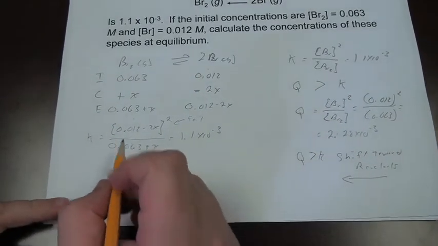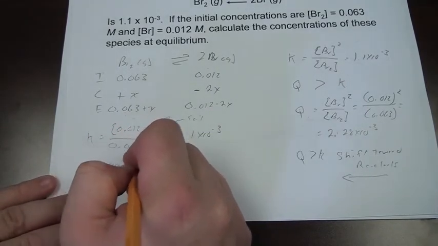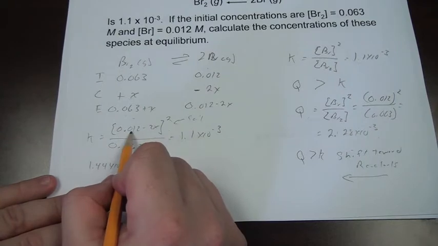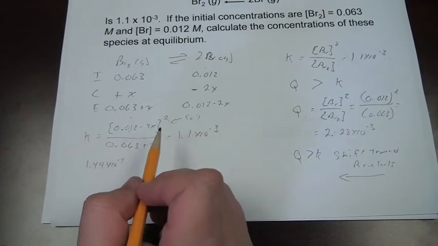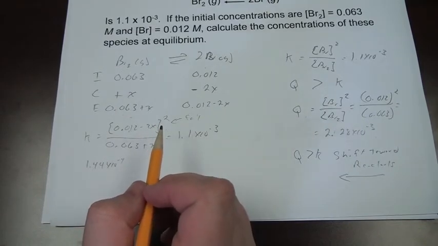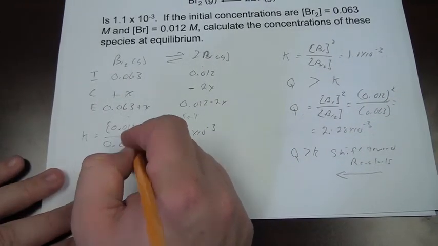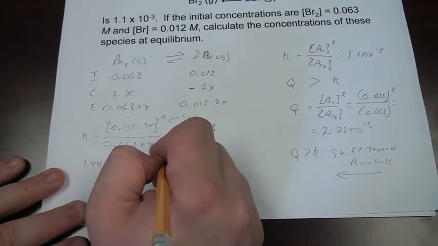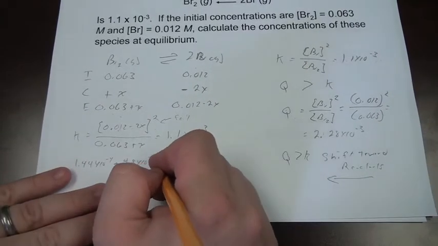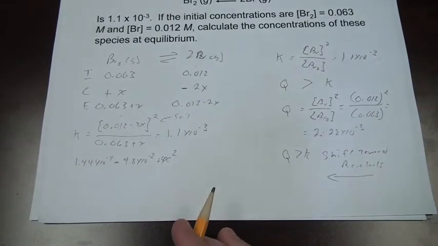So to simplify that, we're going to end up with 1.44 times 10 to the negative 4th, this squared, plus 2 times this, so 0.012 times 2 times 2 is going to be equal to, and it's a minus, so minus 4.8 times 10 to the negative 2, plus that squared, which is 4x squared.